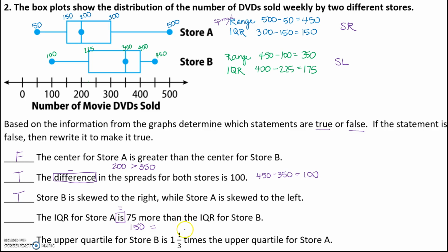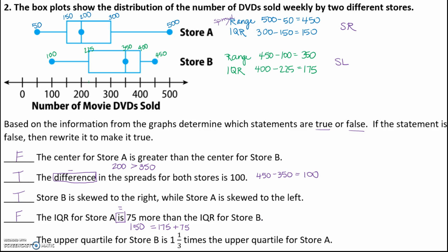So I'm adding 75, right? So 75 more than the interquartile range for store B. So interquartile range for store B is 175. That does not look right to me. So false.